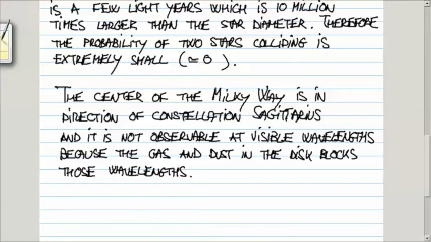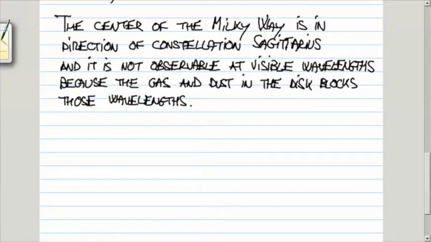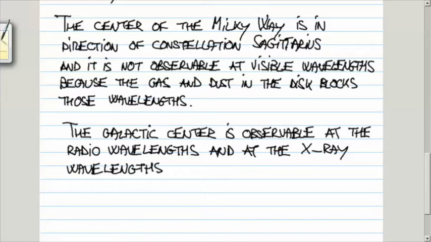X-rays have so much energy that they can just push through the gas and dust and reach us here on Earth. So the galactic center is observable at radio wavelengths and X-ray wavelengths, because these types of radiation can pass through the gas and dust.